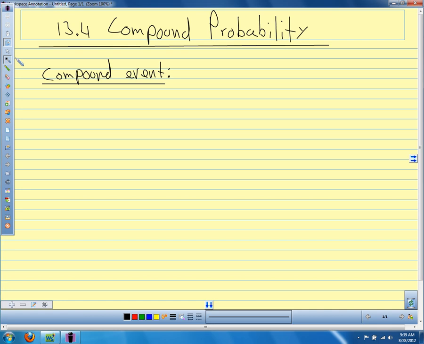So compound event, it just means an event made up of more than one thing.